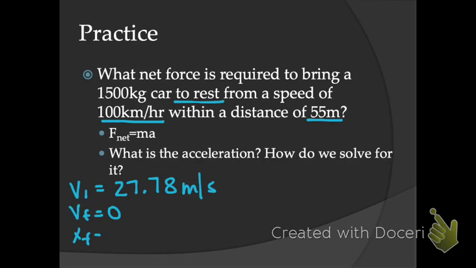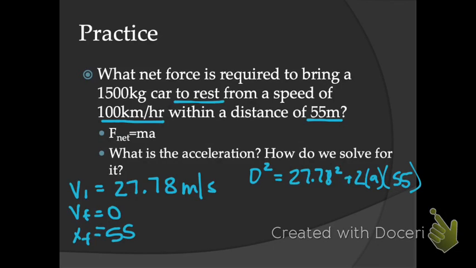My x final is 55. I don't have time, so I'm probably going to use my third kinematics equation. 0 squared equals 27.78 squared plus 2 times a times 55. We're solving for a.